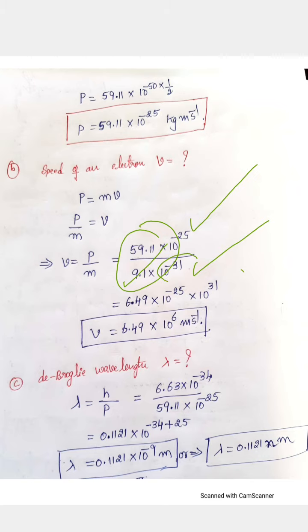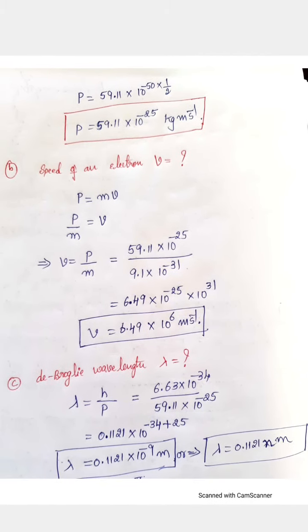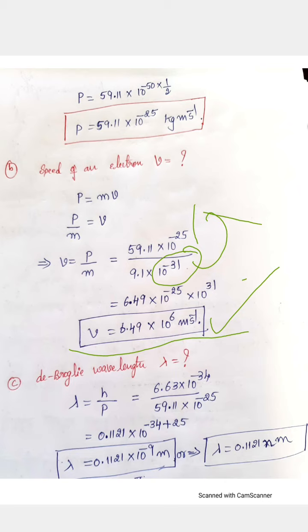Take the denominator term, 10 to the power minus 31, to the numerator. What will it be? 10 to the power plus 31. Next, here 6.49 as it is into 10 to the power minus 25 plus 31, using x to the power m into x to the power n equals x to the power m plus n. What is the value? 10 to the power 6. We got the speed of the electron.